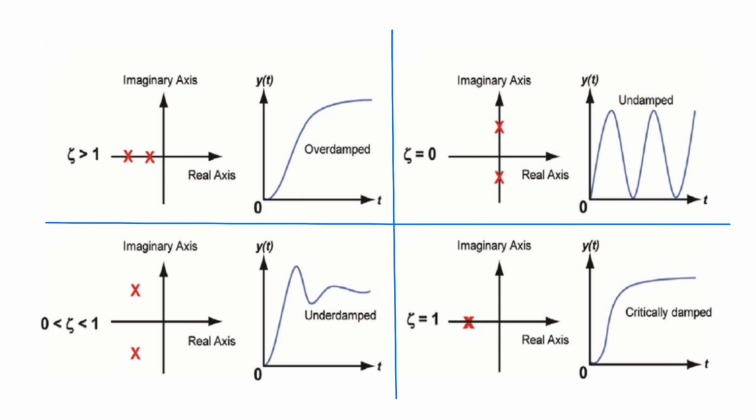So for an overdamped system, zeta greater than 1, it is an overdamped step response. For zeta equal to 0, the system is undamped. For zeta less than 1 and greater than 0, it is underdamped. If zeta is equal to 1, the system is critically damped.